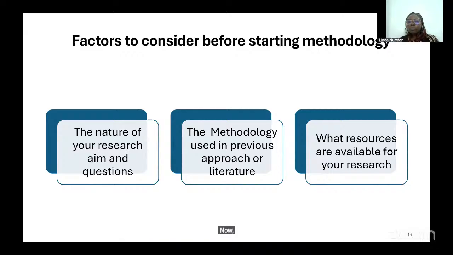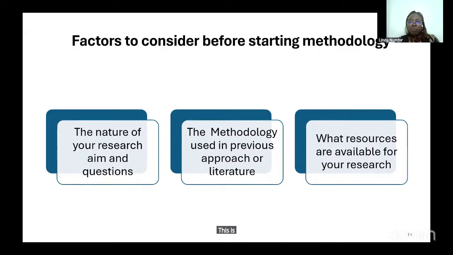Now, what are the factors you have to consider before starting your research methodology? As I said, you need your research aim and questions. Research questions are very, very important. And you cannot get a research aim and research questions when you have not done a literature review. So before ever starting a study, you have to do a literature review.